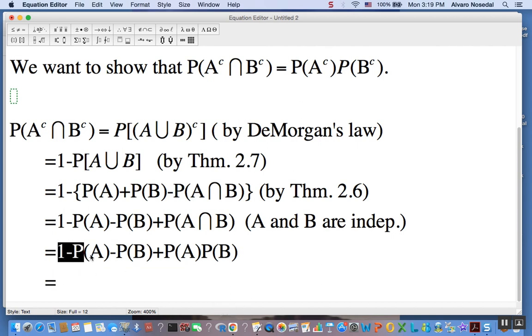Let me just think of this guy, 1 minus probability of A, like a single term. I'm going to place this guy inside square brackets. And now let me factor out this minus probability of B. These two terms, if I multiply negative probability of B by 1, I get this term.